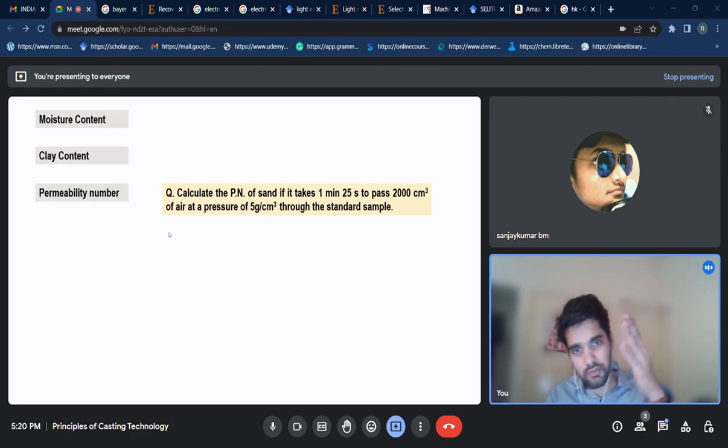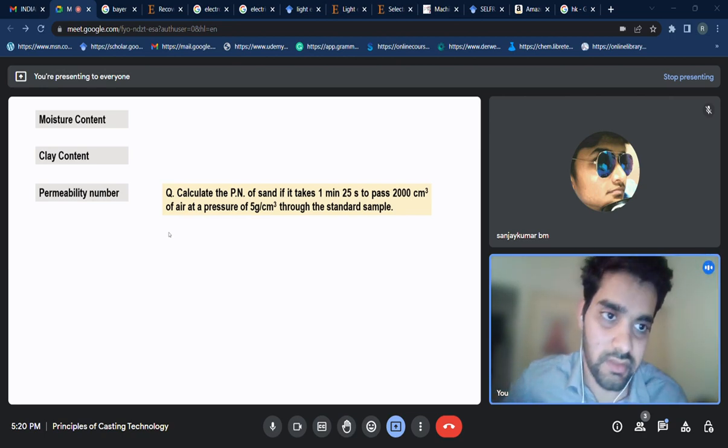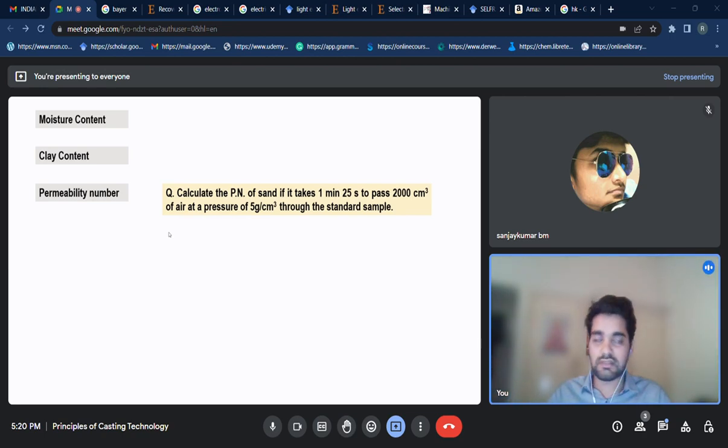Now coming to the clay content. If we talk about clays, these are generally aluminosilicates, composed of silica, alumina or magnesia or both, and there are some water molecules. Clays generally have a sheet-like structure.